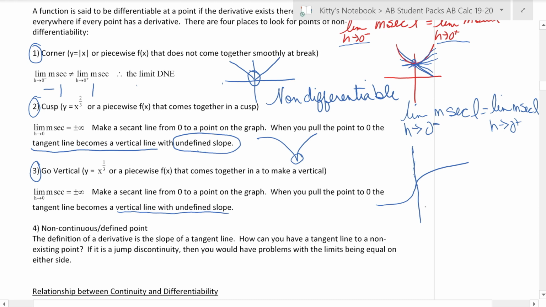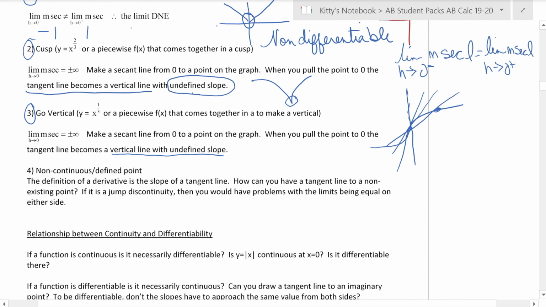So be very careful, and that's only because when I pulled the secant in, it went to that vertical. You have to be very careful. That is why. So if you have a corner, a cusp, or go vertical, then at that corner, cusp, or go vertical, you have a non-differentiable point.